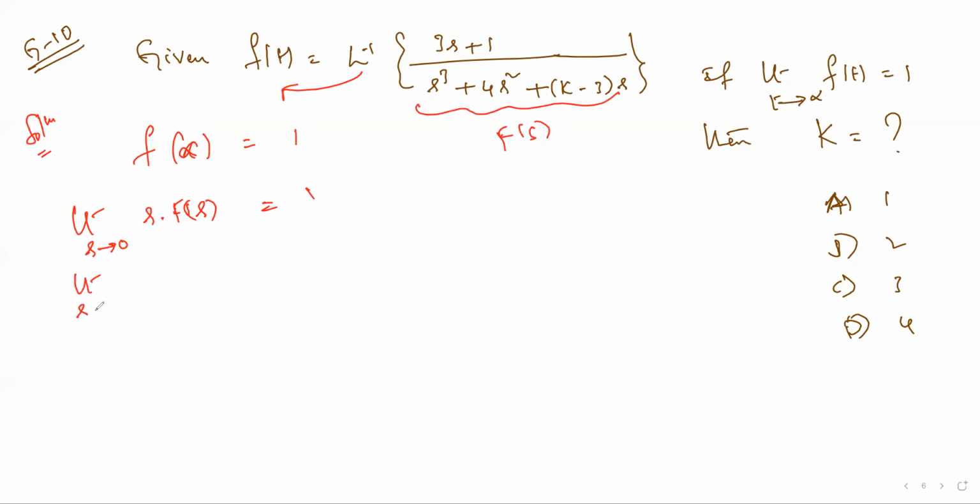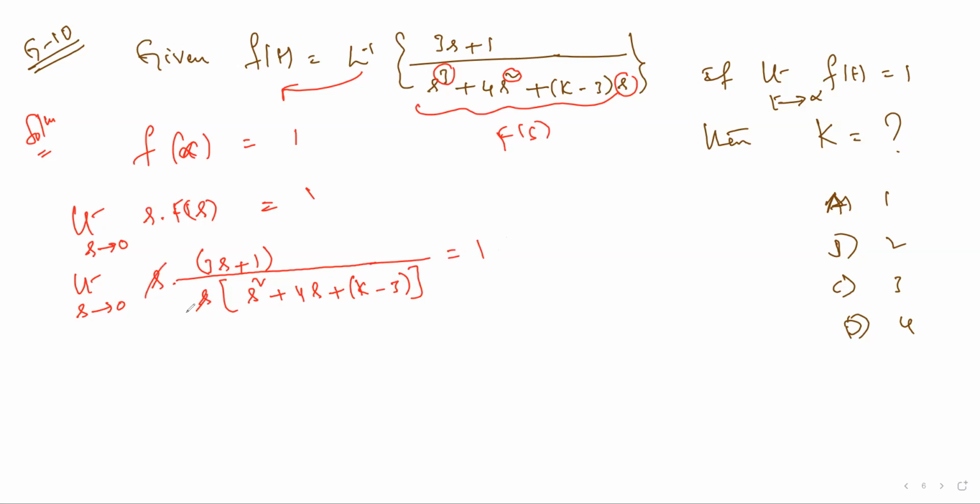So limit s tends to 0, s into F of s, the Laplace transform, which is 3s plus 1 over s times s square plus 4s plus k minus 3, is equal to 1.